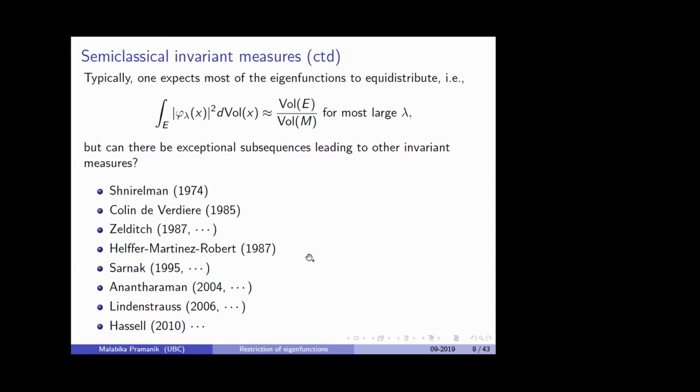The slide here gives an incomplete list of some of the pioneers and major architects in this field who have utilized different assumptions on the underlying space, capital M, to deliver powerful results on the limiting measures, sometimes eliminating certain possibilities of exceptional sequences, and in some situations showing that such exceptional sequences simply do not exist.